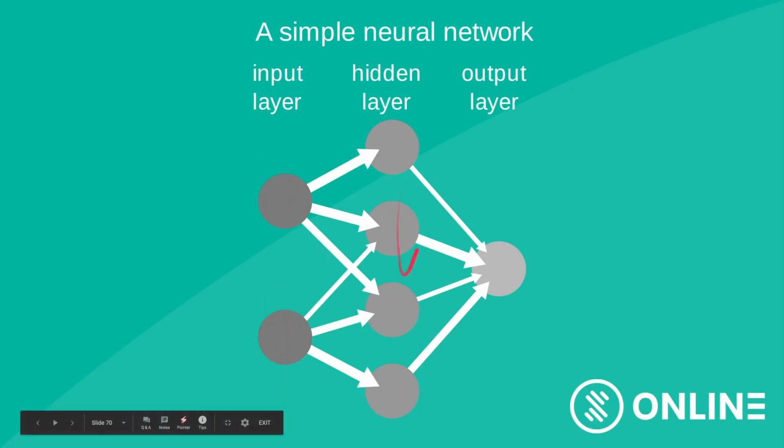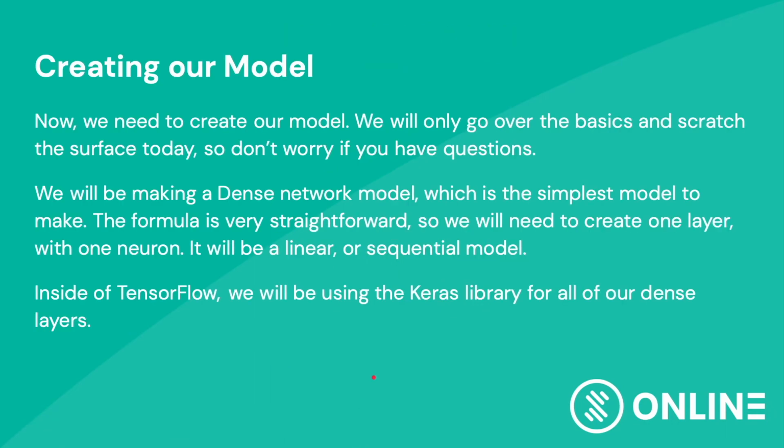We have a main layer or a hidden layer which transforms these inputs and creates an output. In here, these would be our neurons, these would be our inputs and our outputs. This one has 4 neurons on this layer. But when you go into really complex and deep neural networks, you might have tons and tons of layers of neurons all working together to convert one thing to another.